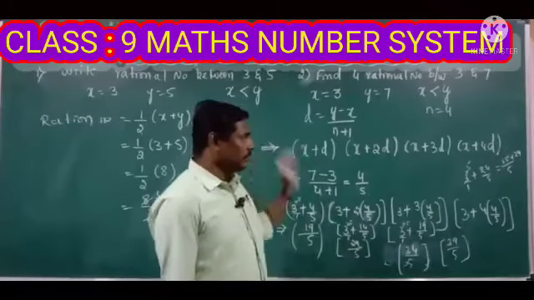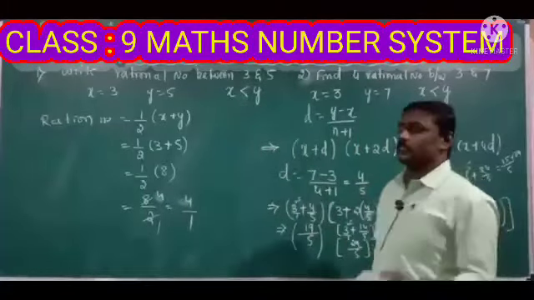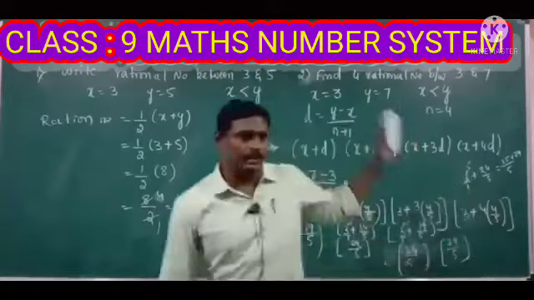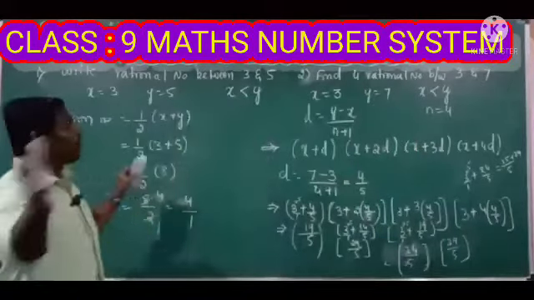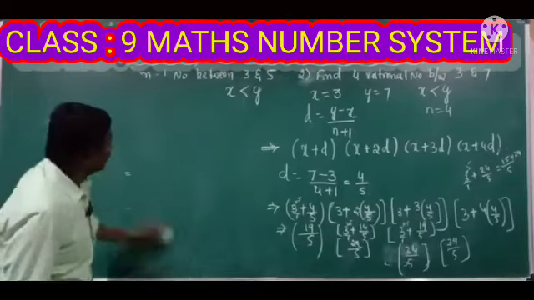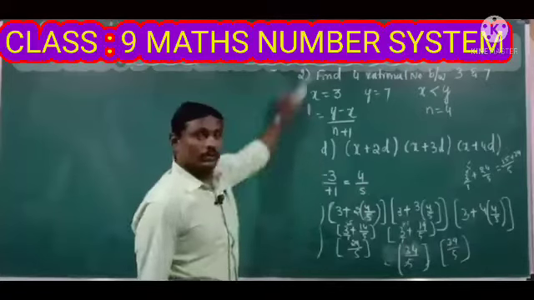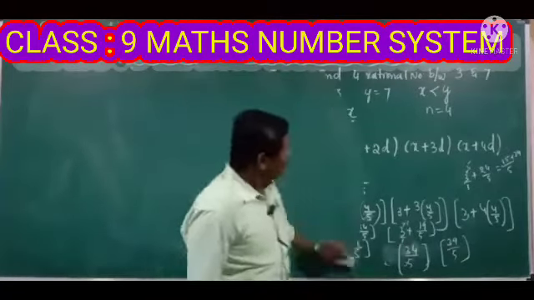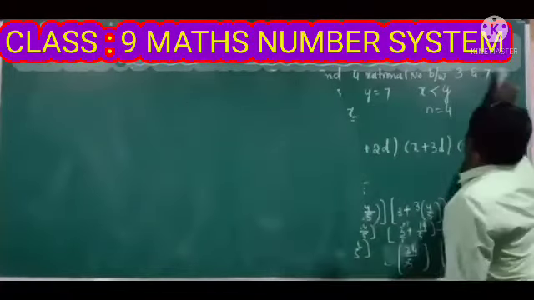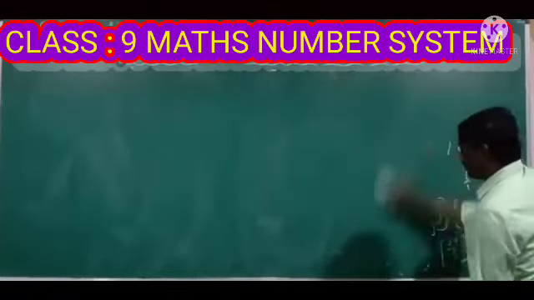So these are the two examples to write rational numbers between two given numbers. I think these two are lengthier methods. Now I will show you how to find the rational numbers in a simple form. Either you can solve by using this method or one more method. The simplest method is there.